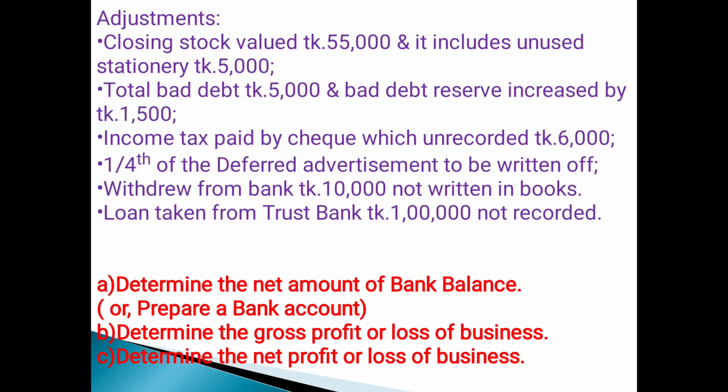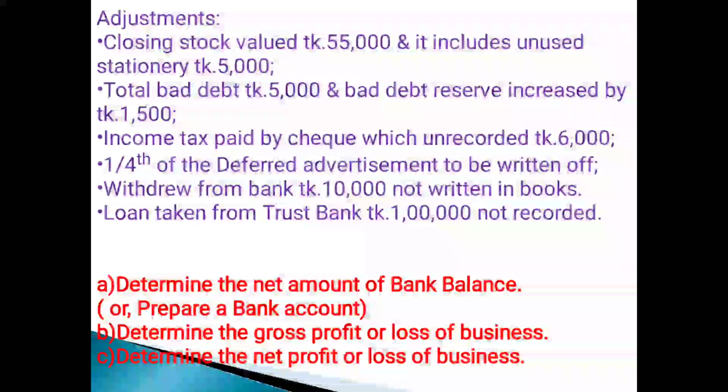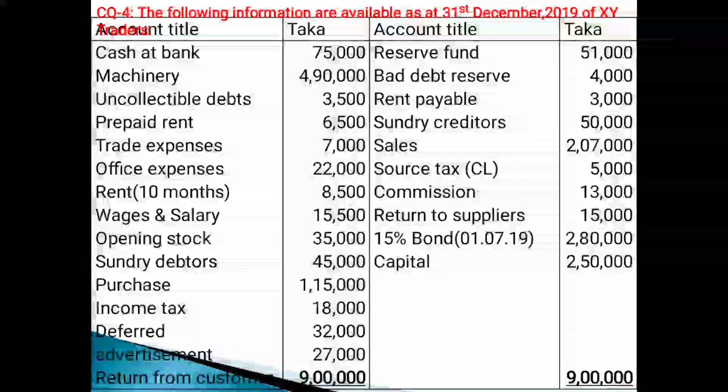Second information is given: bad debt reserve increased by Taka 1,500. For increasing this amount, we have to go to trial balance to see bad debt reserve is credit side Taka 4,000. So new bad debt reserve is 4,000 plus 1,500 is equal to 5,500.